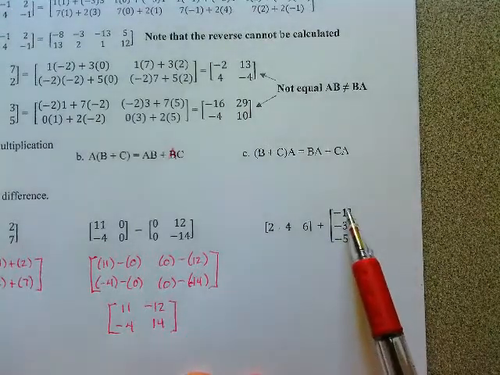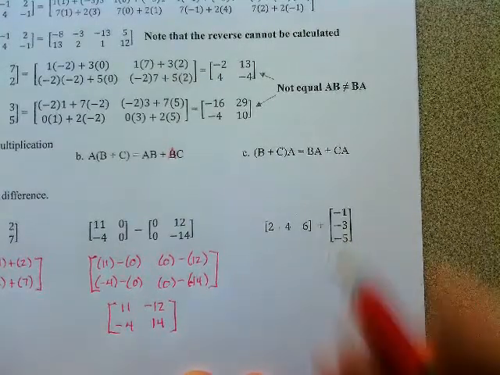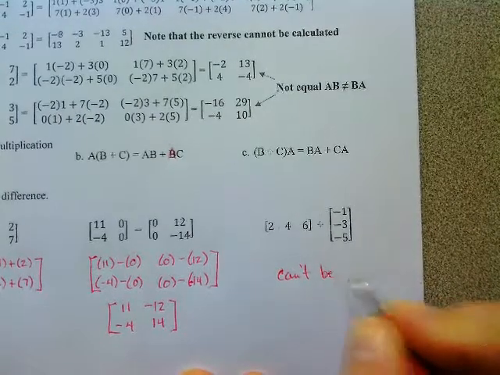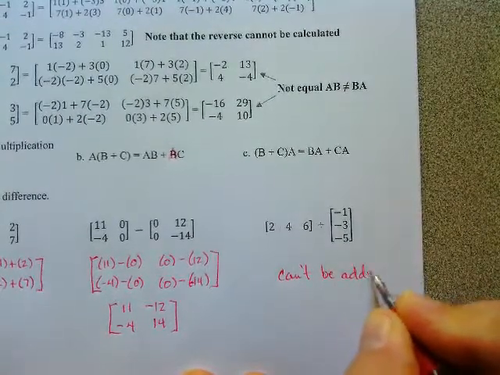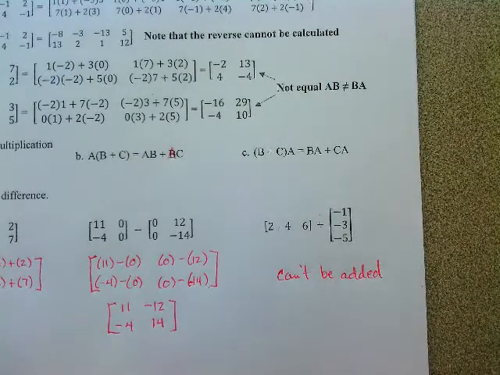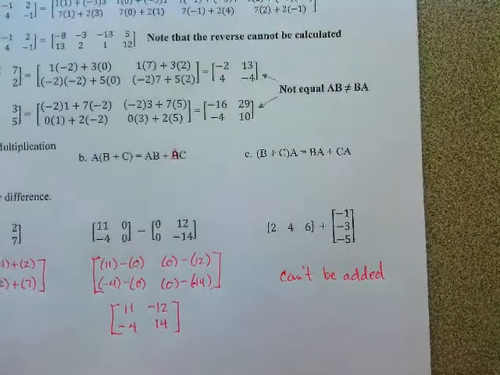This is 1 1, 2 1, 3 1, so they don't match, so these can't be added. And so some simple adds and subtracts.